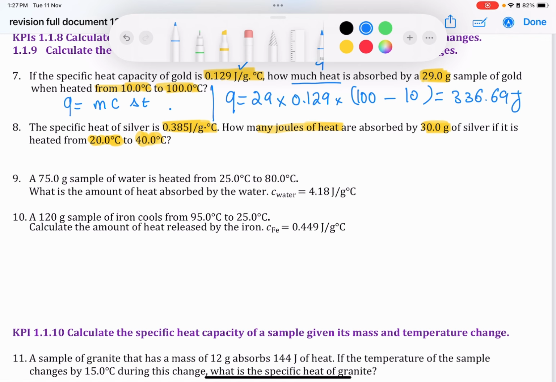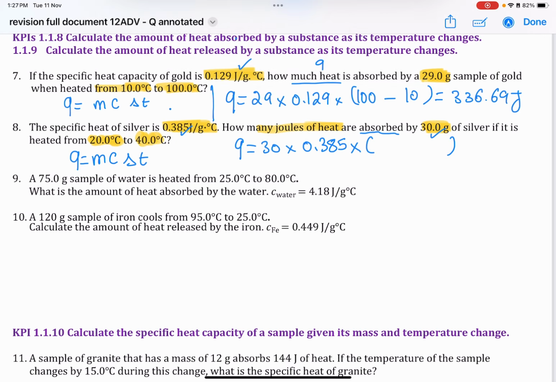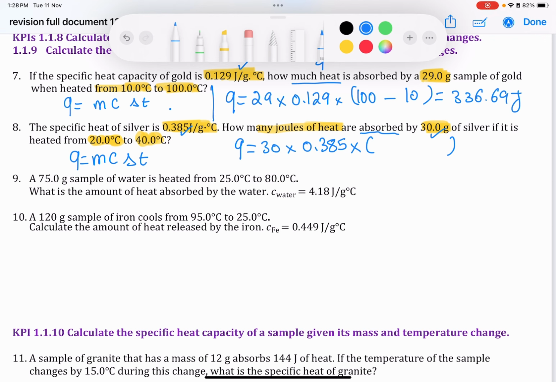So, this is the formula. They want me to find the Q. That's the mass. That's the specific heat capacity. And it absorbed, so definitely the temperature is going to rise. And absorb means my answer is going to be positive because heat is absorbed.